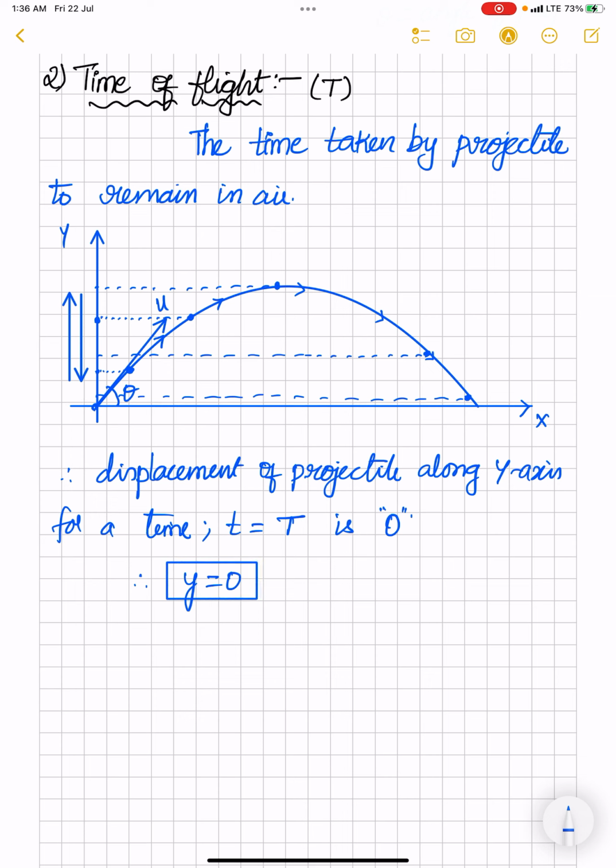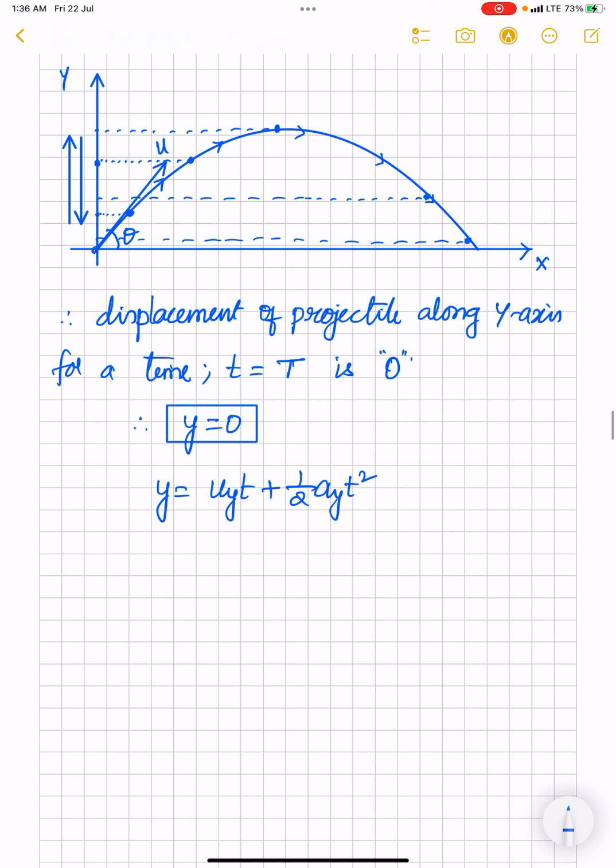Now let us take this directly. From the second equation of motion we have y equals u_y t plus half a_y t squared. This we already know, so substitute: 0 equals u sine theta into t, that is the time of flight, minus half into g into t squared.